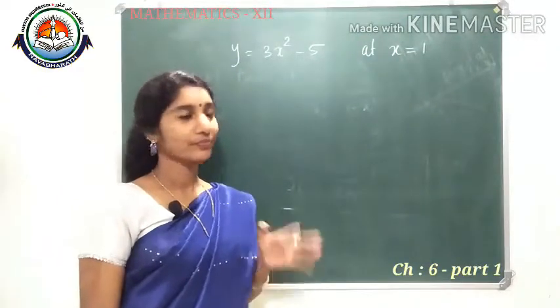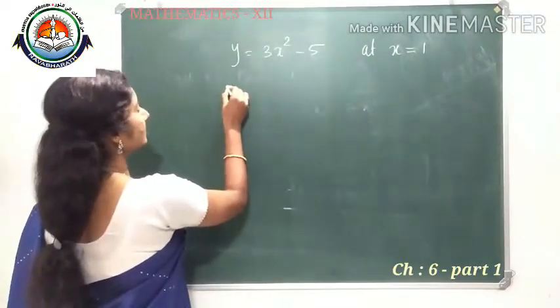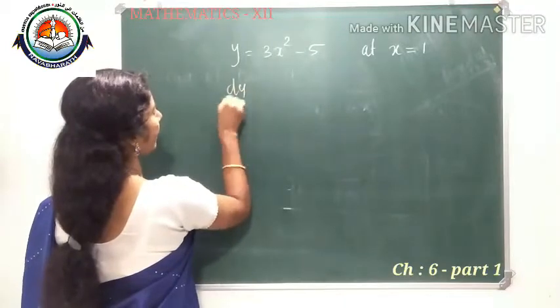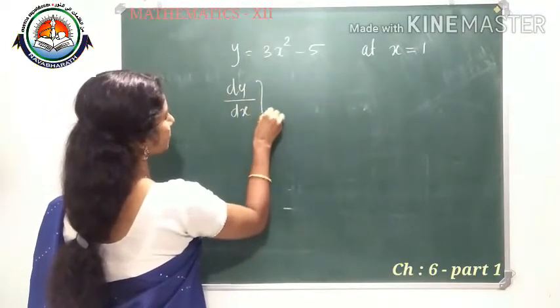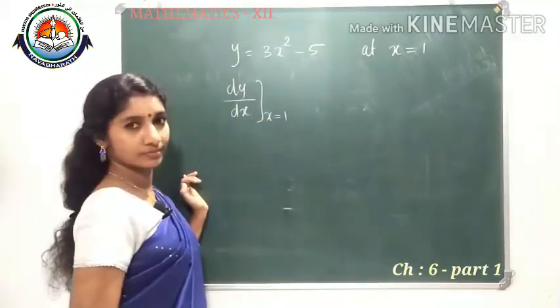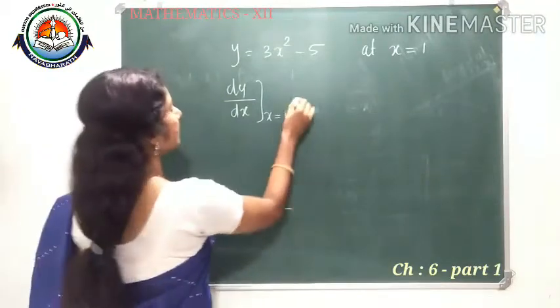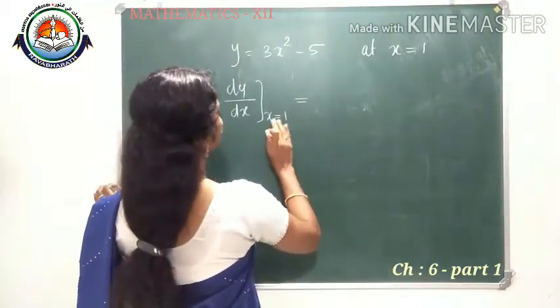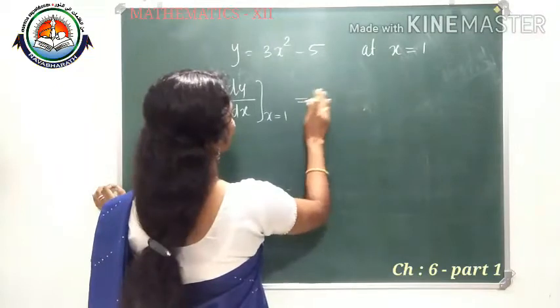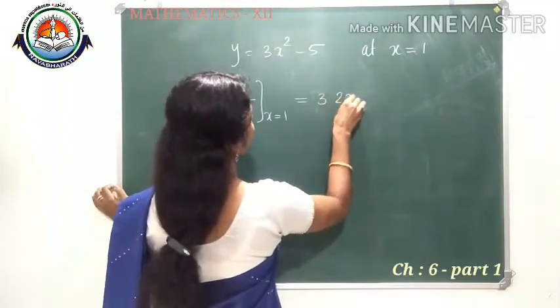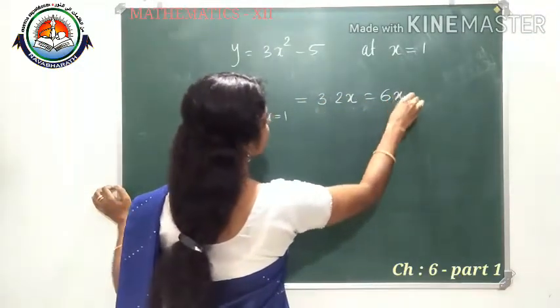We need to calculate dy by dx at x equal to 1. What is the derivative? The derivative of 3x square is 3 into 2x, that means 6x.